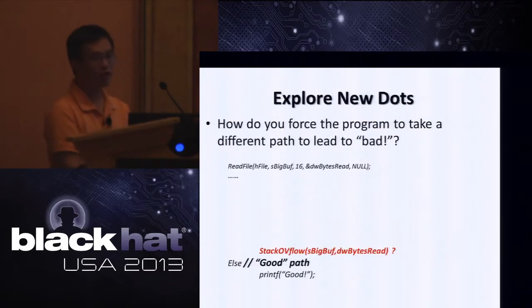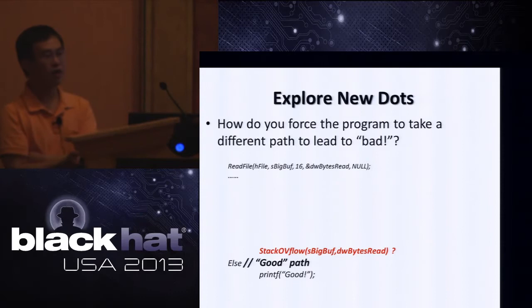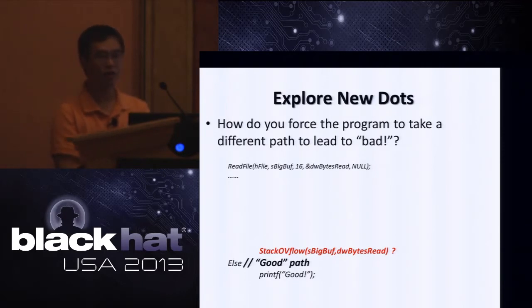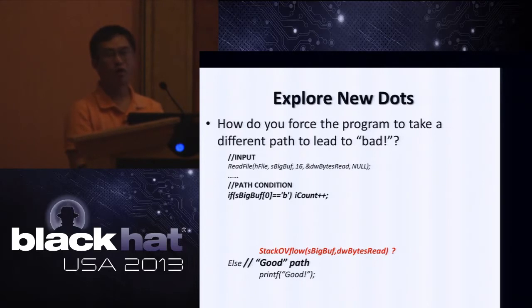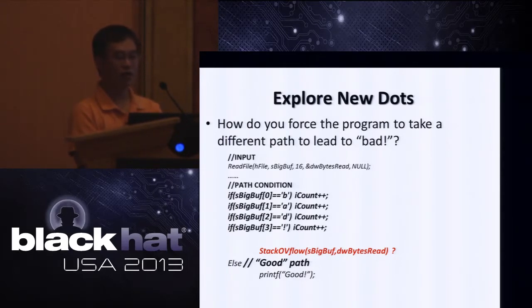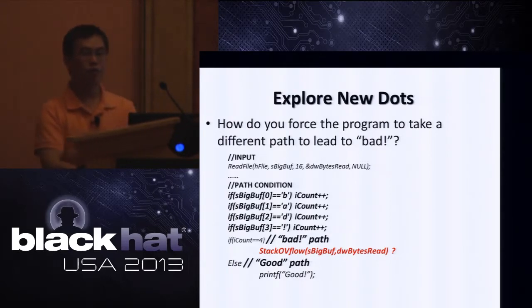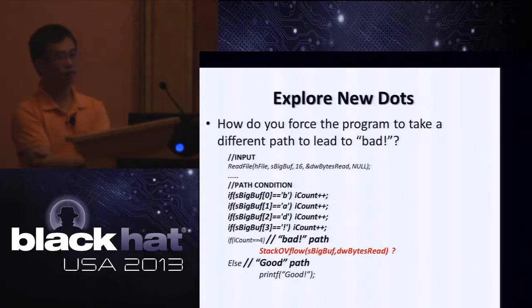So the point is a program may take a different path, and different paths lead to different behavior. Usually, of course, with some conditions, your input in some way meets the conditions. So in this example, though it's trivial, still with a random input, it would probably take many tries, if you don't know the internals, to trigger the stack overflow vulnerable function.